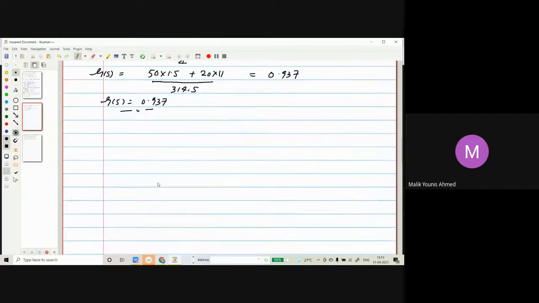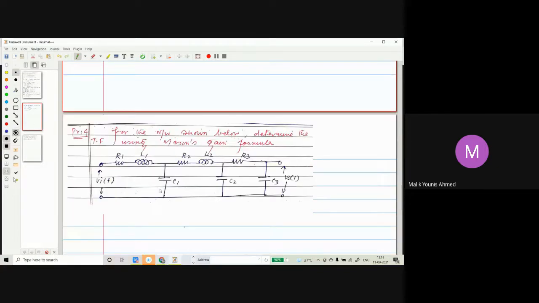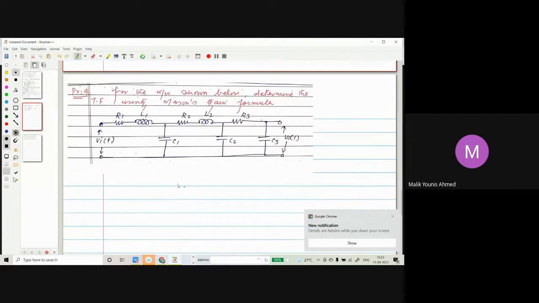Then another, if you have been given a transfer function like this, you have to find the transfer function. So you have to draw the signal flow graph first for this one. It is very simple to draw the signal flow graph.